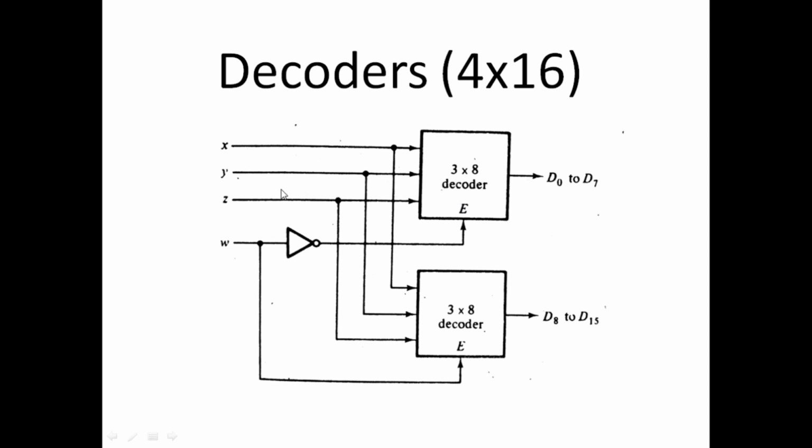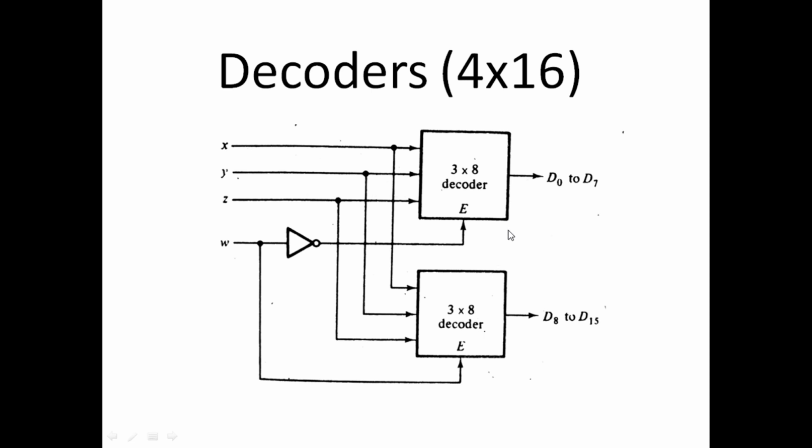These 3 input lines would select one of the 8 output lines of the upper decoder, and whenever W is 1, the lower decoder is enabled, the upper is disabled, and these 3 input lines would select one of these 8 outputs of the lower decoder.